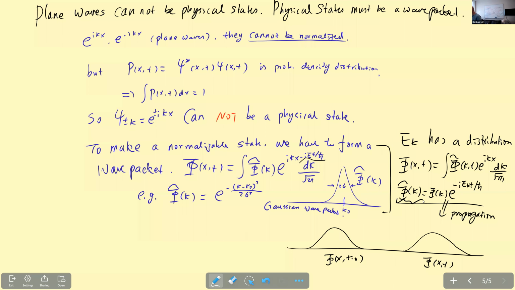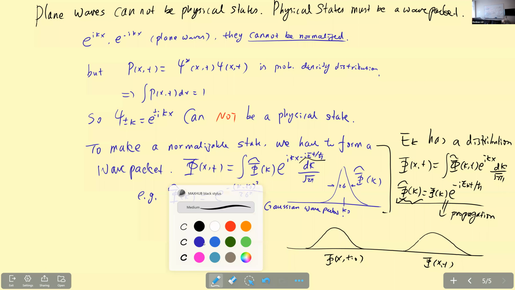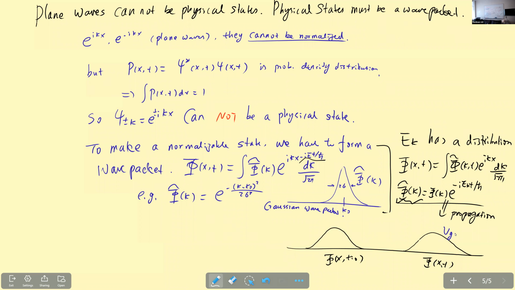So at different times you're going to have different positions with constructive interference, and other positions with destructive interference, with the velocity v_g, that's just equal to the partial derivative of E with respect to k at k equal to k0. So this is what we have learned about the superposition of many plane waves to make a wave packet, and the Gaussian wave packet is just one example.